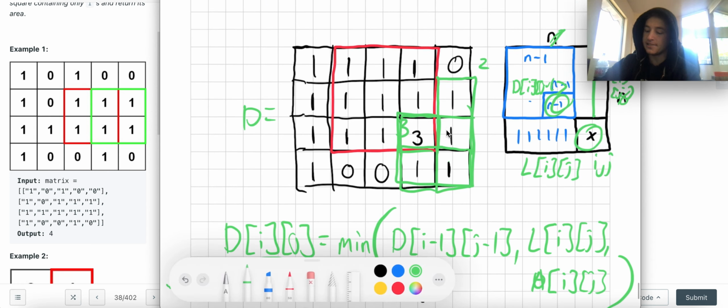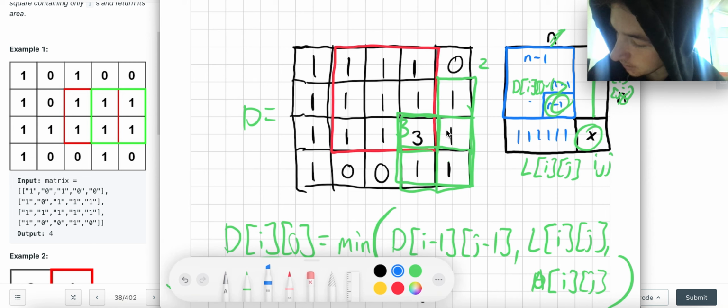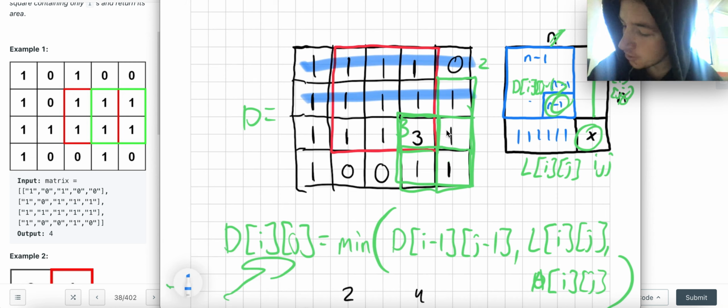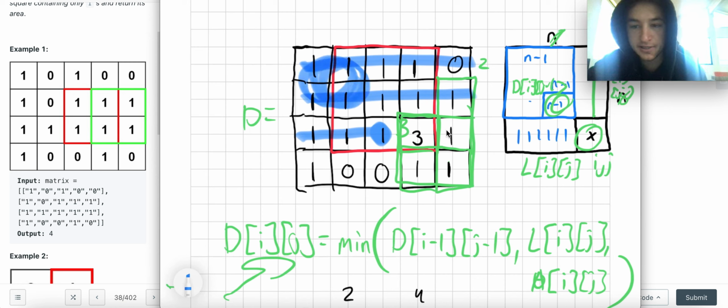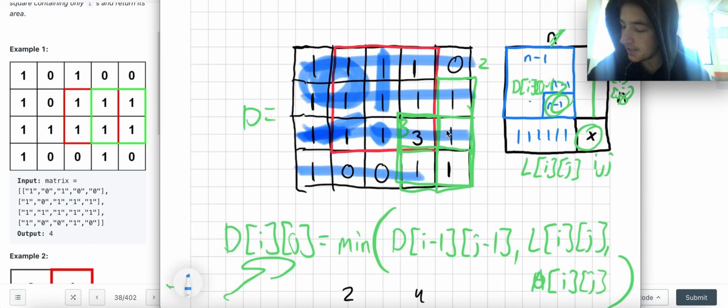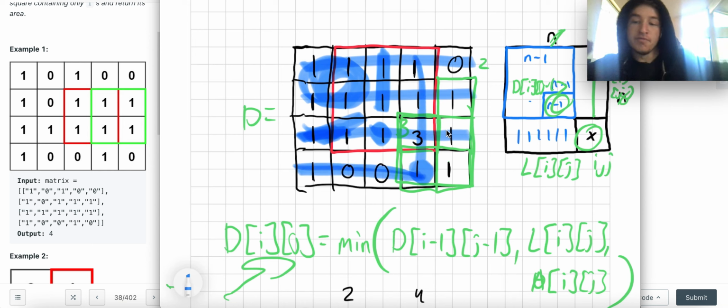And if we process things in this order, you'll notice that any cell I stop at, I have information about the square above me, what's above me, and what's to the left of me, right? Here, I always have information about stuff to my left, above, and the square that's to my upper left.